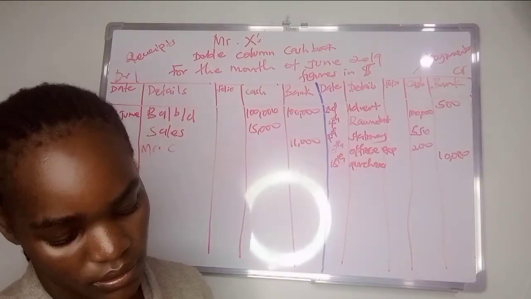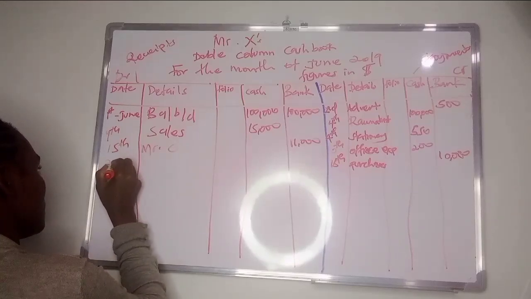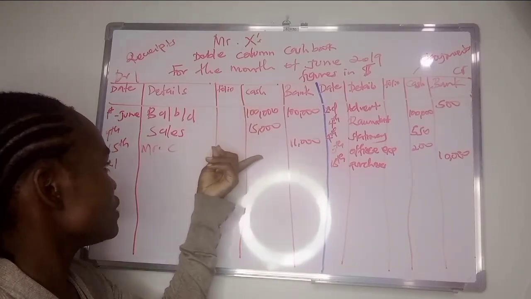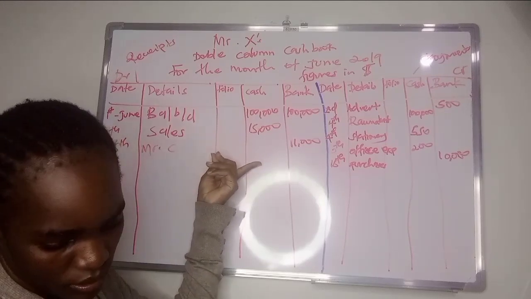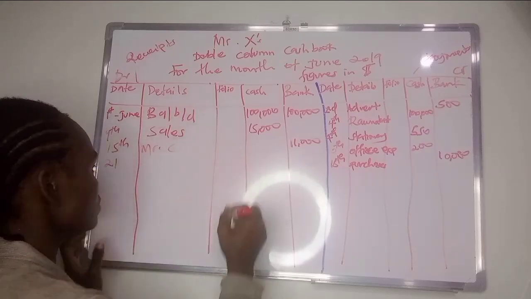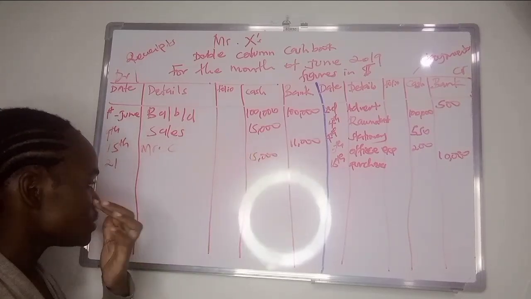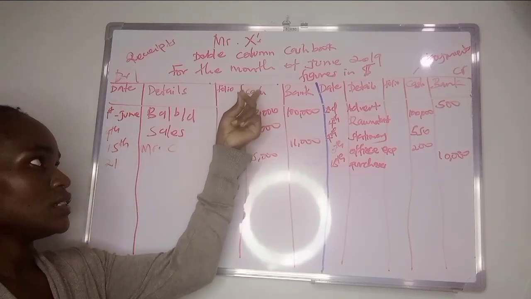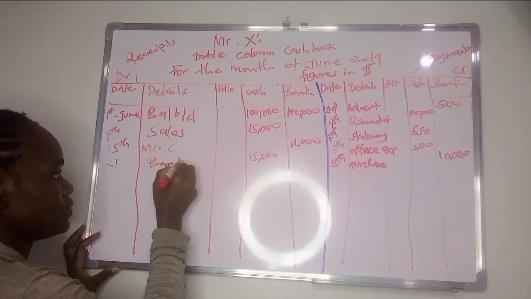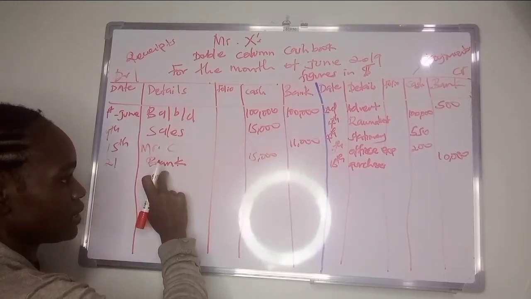What's the date? 21st. So 21st, we are going to debit cash with the same amount. What was the amount? 15,000. So under description, you do not write cash again. So you write bank. If you put the figure under cash, you write bank.